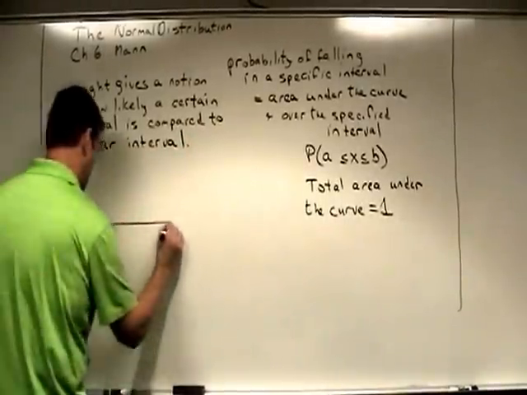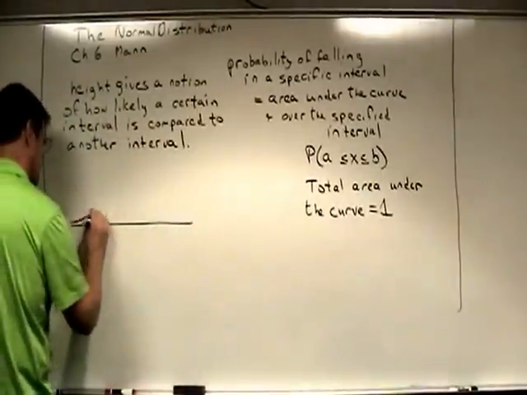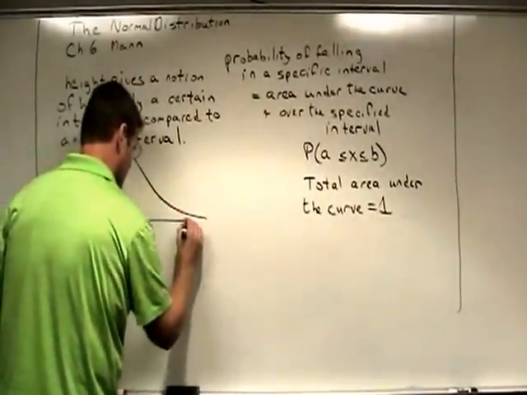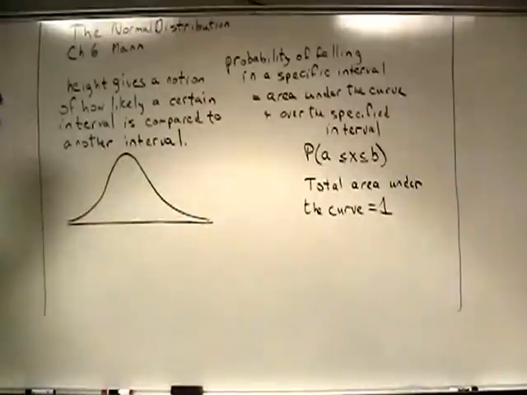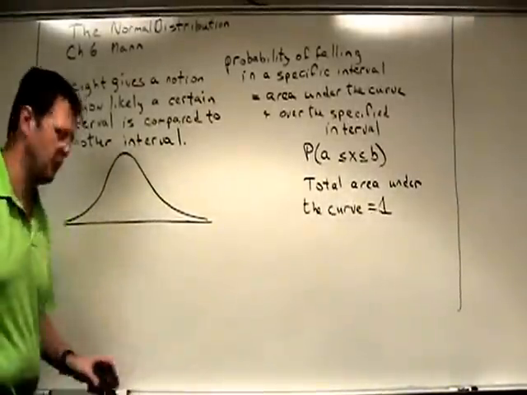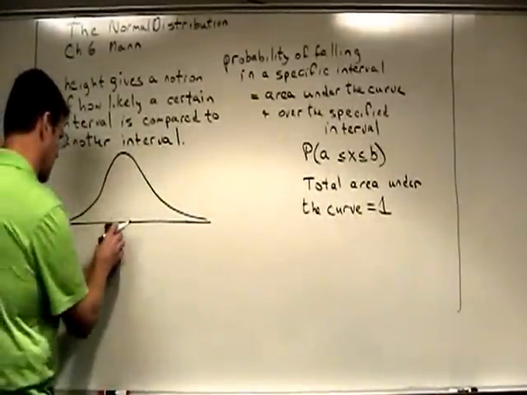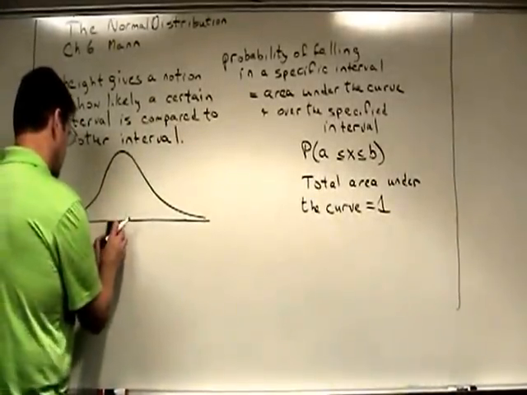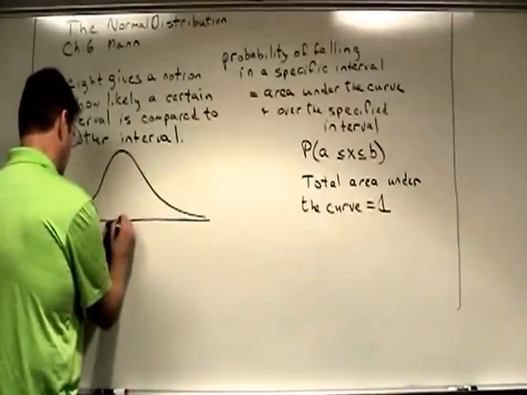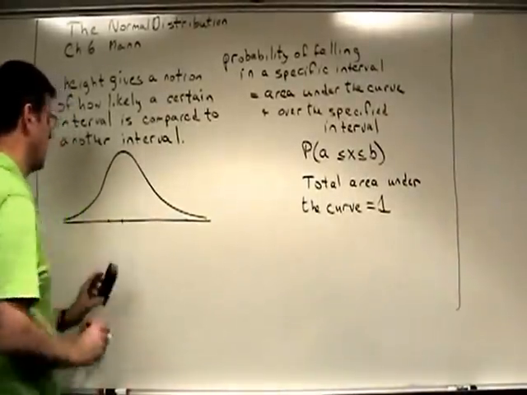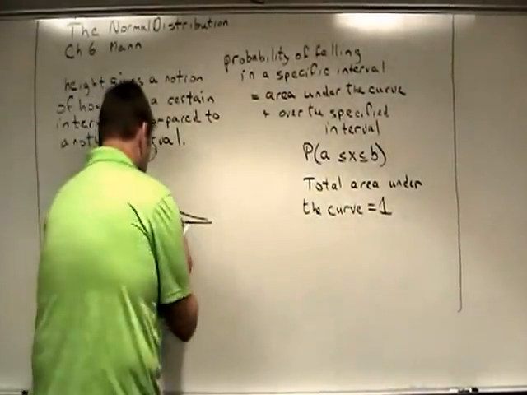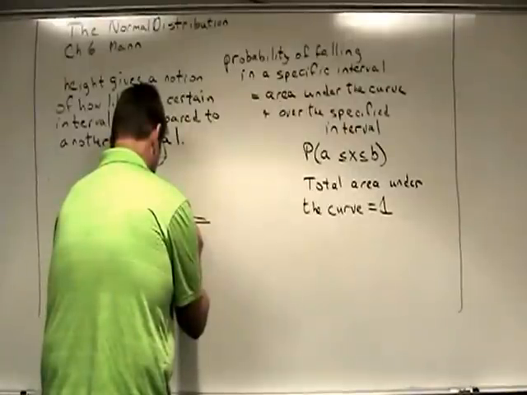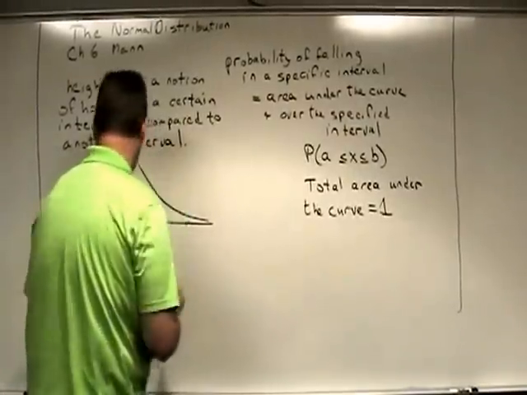So I'll draw one of these bell curves again. And if we take an interval of a certain width, and what I'll do here is I'll use my eraser to give myself a certain width. Let's say we're looking at that interval right there, as opposed to that same width interval right here.